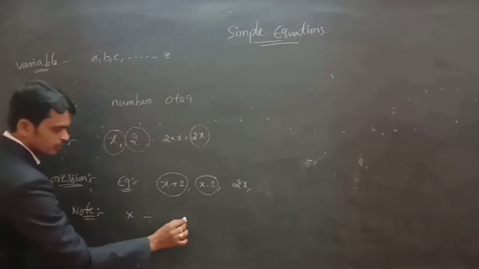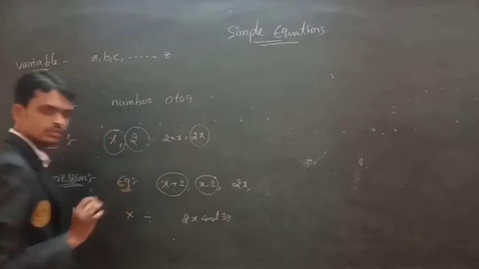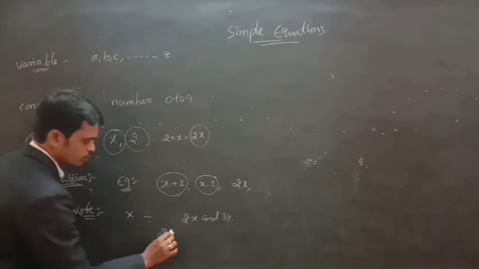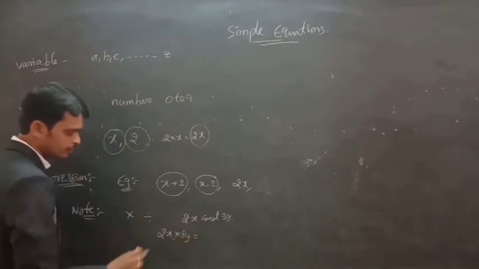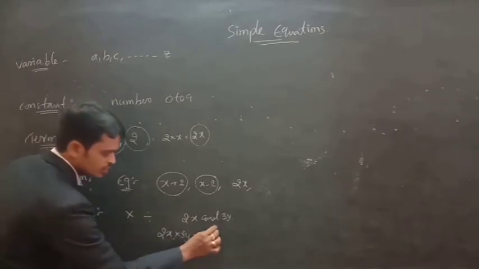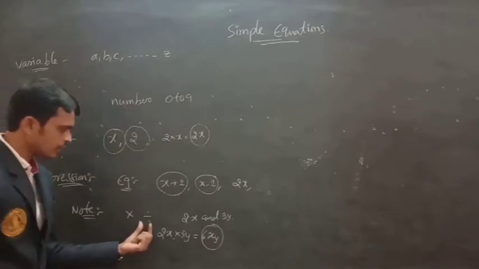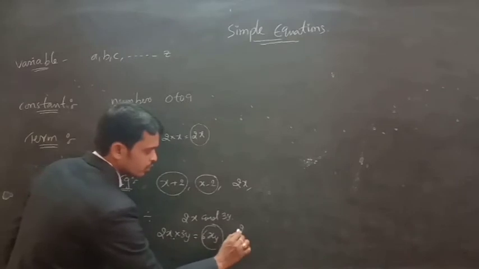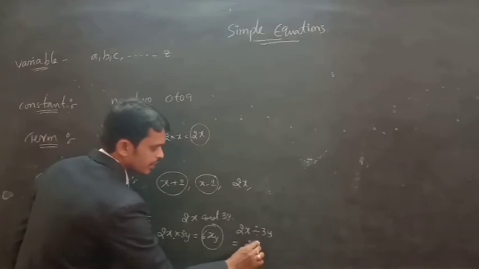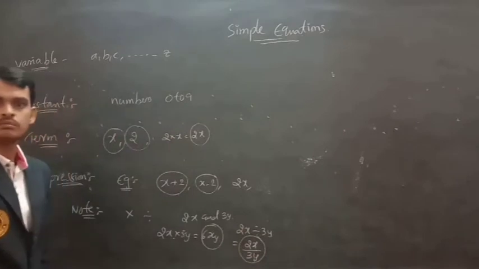For example, 2x and 3y are two different terms. Multiply these two terms: 2x into 3y is 6xy, a single term. Now division: 2x divided by 3y is also a single term.